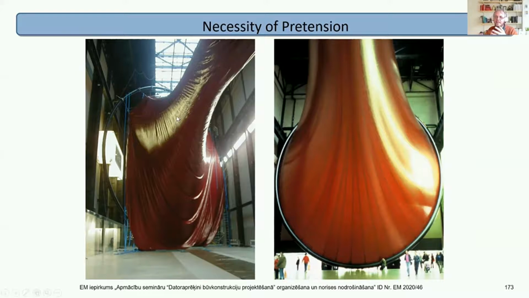The stresses in the fabric are not equal, so you get these wrinkles, tension fields in the fabric. Once it's fully up, if you've done the geometry, the form finding and the pre-stress correctly, you'll get a lovely smooth surface.